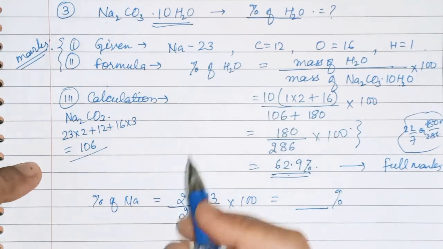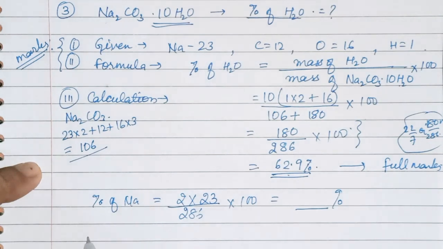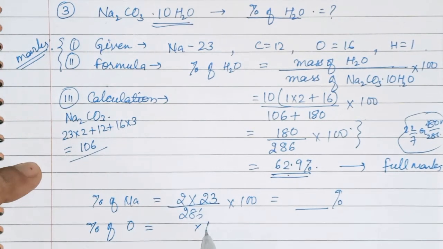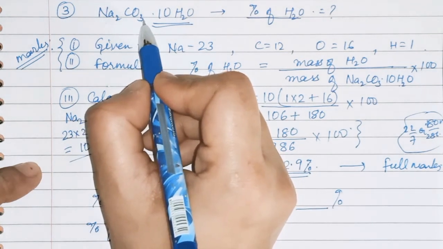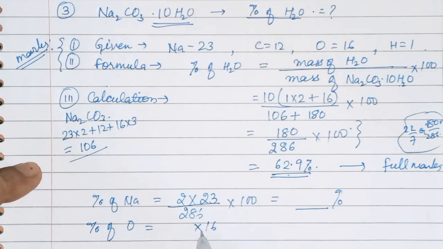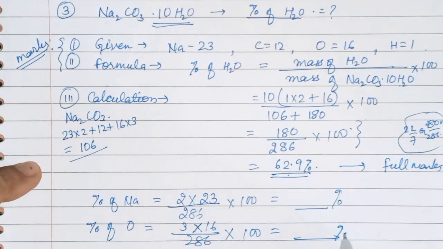Like that you can calculate for oxygen also. Percentage of oxygen: oxygen mass is 16. How many atoms of oxygen are here? 3. So you will write 3 into 16 upon 286 into 100. This will give you the percentage for oxygen.